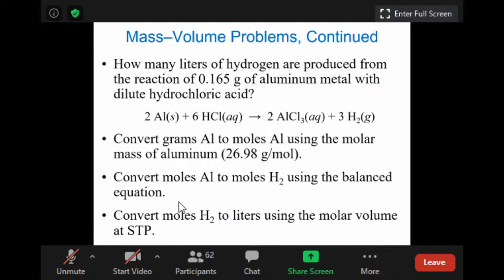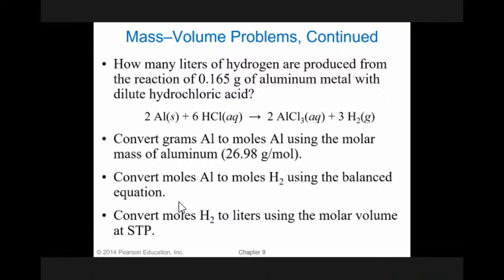So convert grams. Now we are given 0.165 gram of aluminum metal. That's given. So we put a box right over the aluminum. Inside our box, we put in 0.165 gram. And they're asking, how many liters of hydrogen will be produced? So we put a box over hydrogen and put X liter.